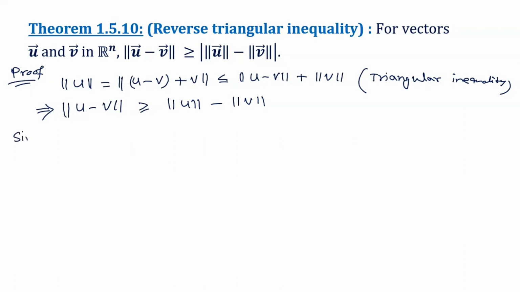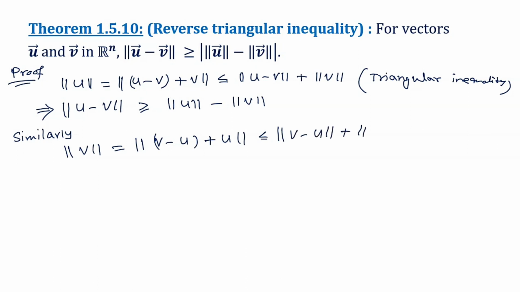Similarly, if we start with v, the norm of v is equal to the norm of v minus u, then plus u, and this is less than or equal to the norm of v minus u plus the norm of u.